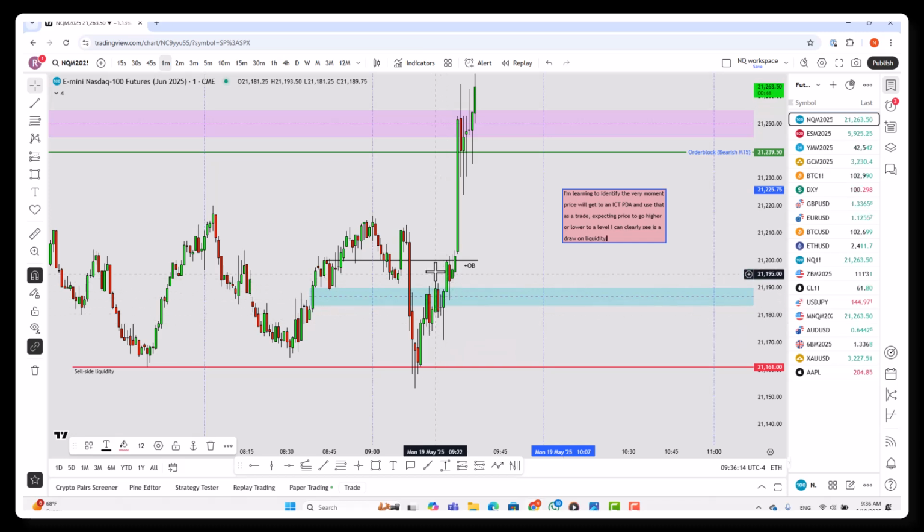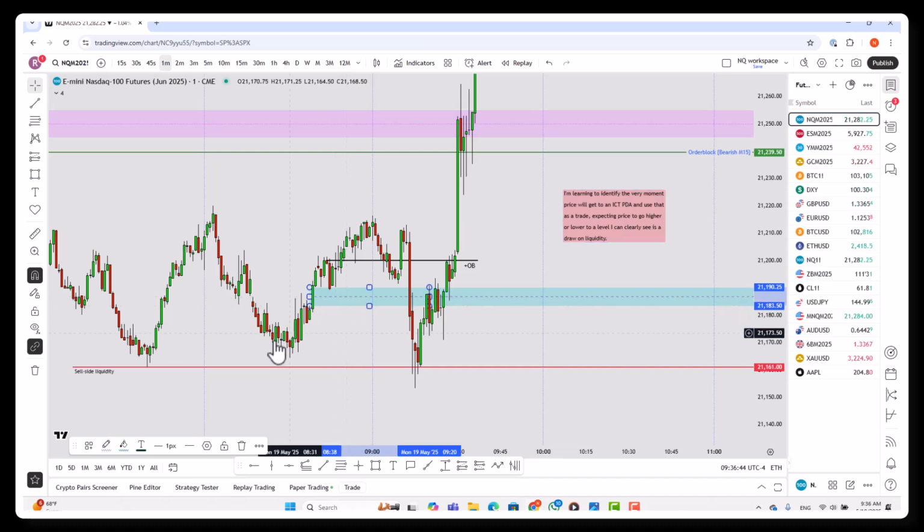Normally, if it is bullish, I don't want to see price below these levels, right? So this didn't work as an order block because it is in premium. So that's not a level where you would buy. So technically, we buy here at the order block, which is an ICT PDA, which here it's also a reclaimed fair value gap.